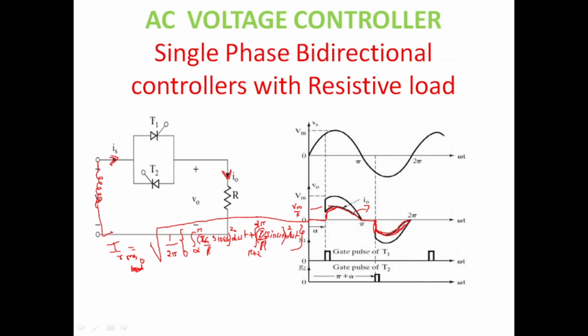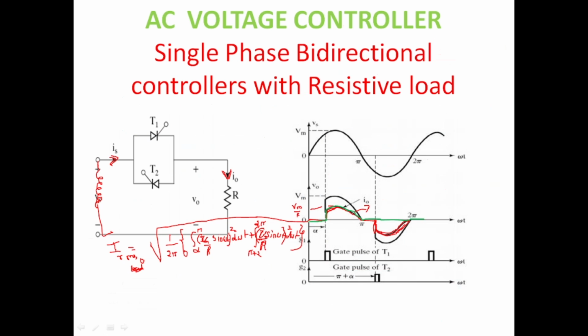Because thyristor T1 conducts in positive half cycle, the waveform of the thyristor T1 current is this. This is sinusoidal from alpha to pi, and from 0 to alpha it is 0, and pi to 2 pi it is 0, and the same waveform repeats in the next cycle.